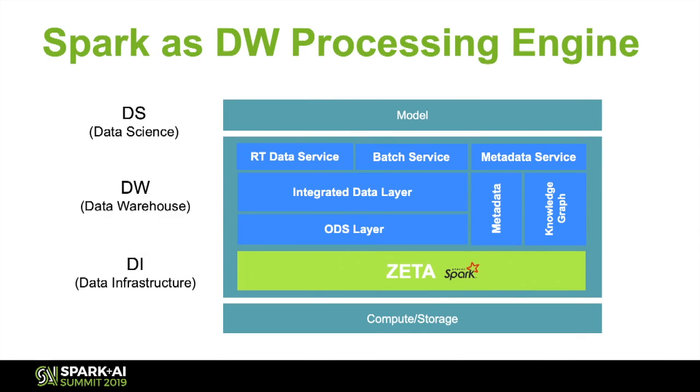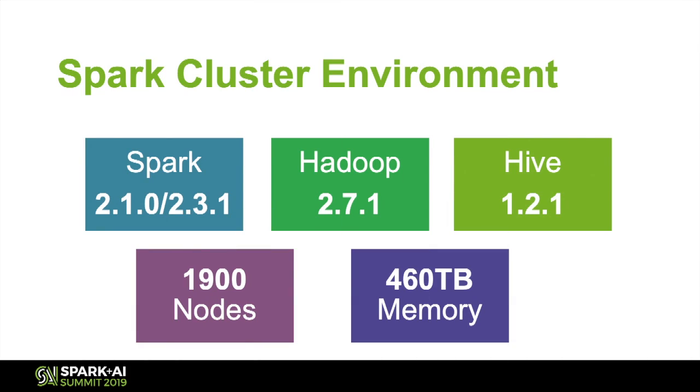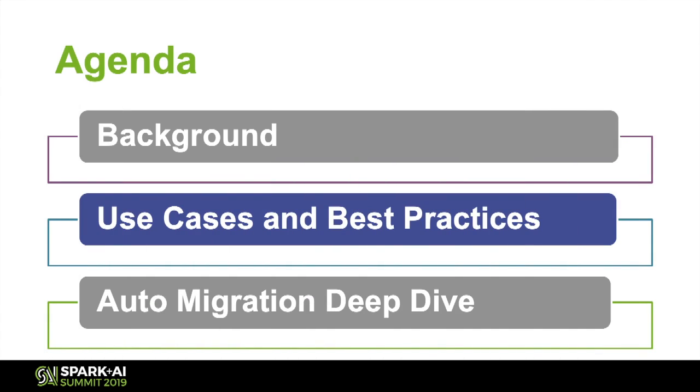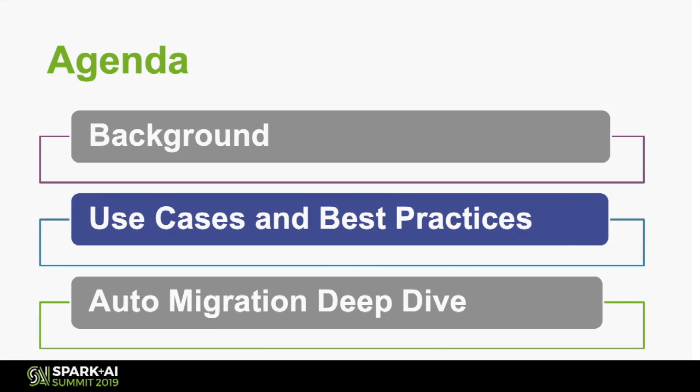Now, Spark is the unified processing engine to support our EDW use cases. Our current Spark cluster environment is Spark version 2.1, and now we are upgrading to 2.3. Okay, let's go into the use cases and the best practices.